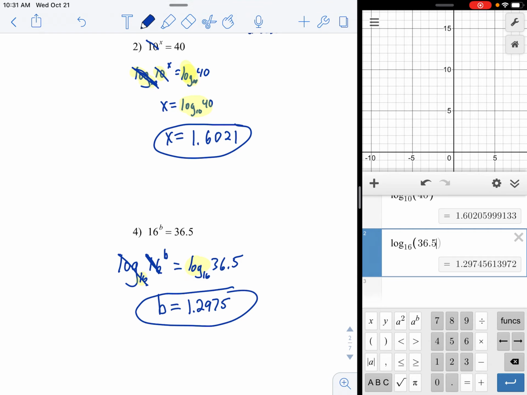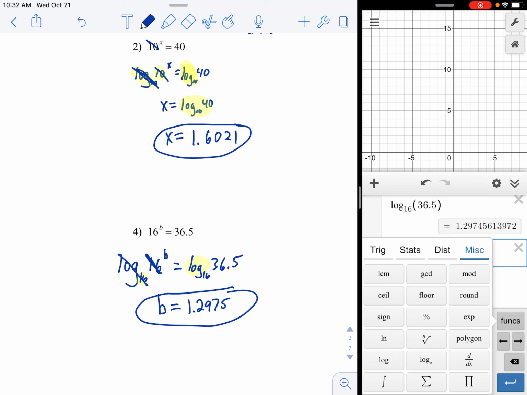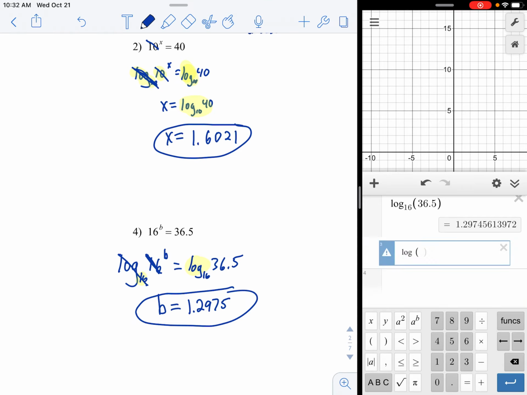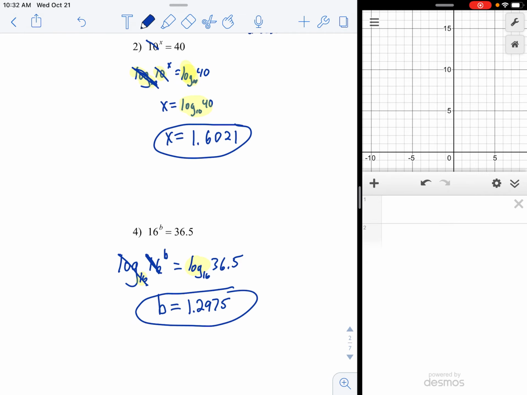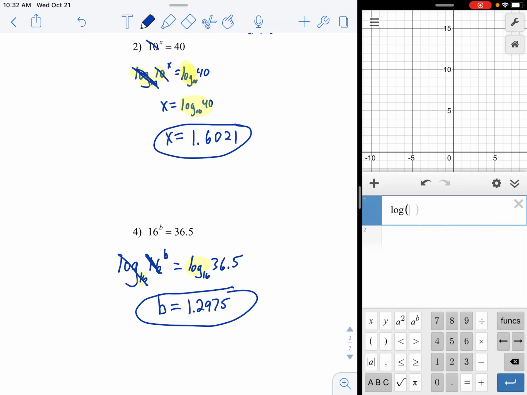Now, if you notice on this function menu, there are 2 log buttons. The one that I've been using, log base A, but there's also just plain old log. Let me do this again. Just plain old log. All right. So here's the deal. There are infinitely many types of logarithms.